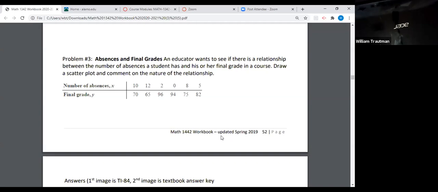By the way, if you reset it to factory settings like I did, you turned your stat plot back off, so you're going to have to turn that back on. I was wondering why I wasn't getting a graph.